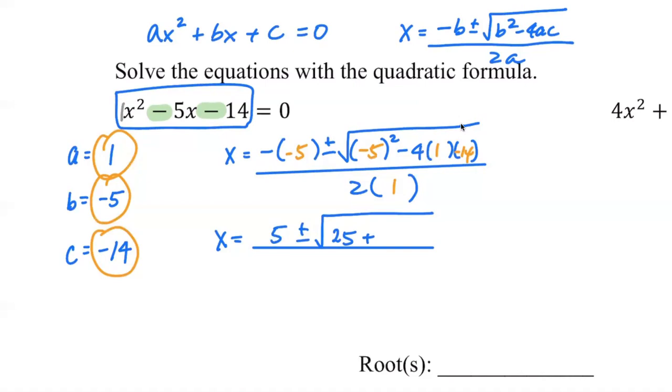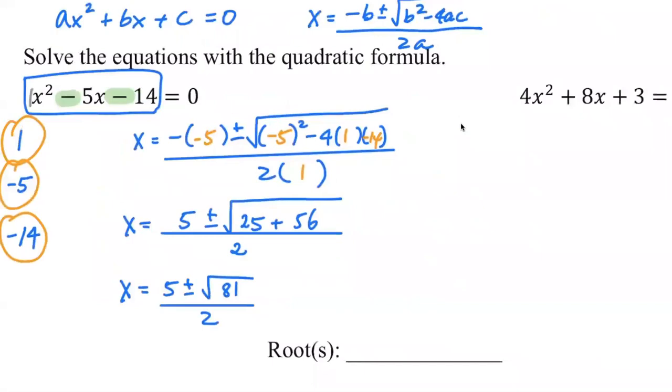So you know it's plus, and then you do 4 times 14, which would be, what is it? 56. And then 2 times 1 is 2. And then you have 5 plus or minus the square root of 25 plus 56, which is 81, and then it's over 2.